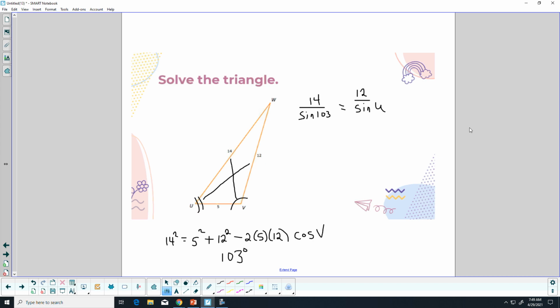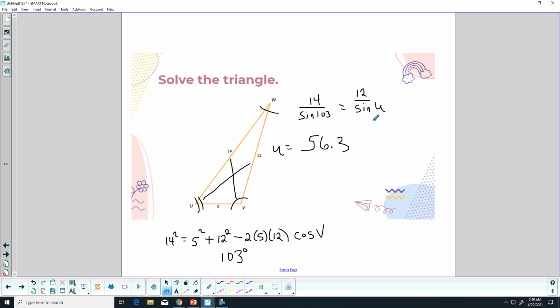So I'm going to take the sine of 103 times 12 divided by 14, and I get 0.83. Well, I'm looking for the angle measurement, so I'm going to have to do the inverse sine, and I get 56.6. And that is for U.